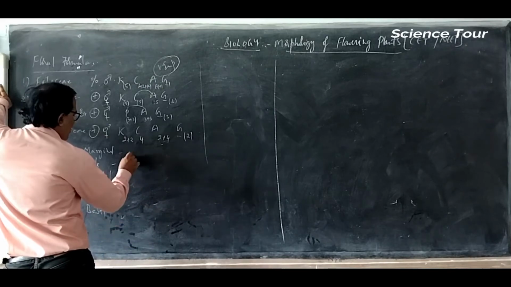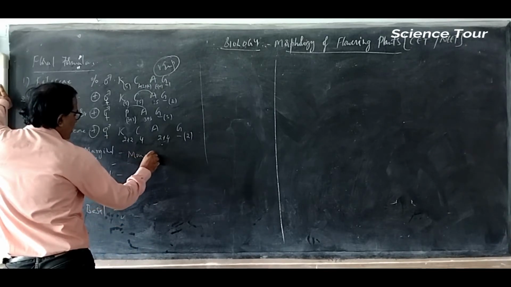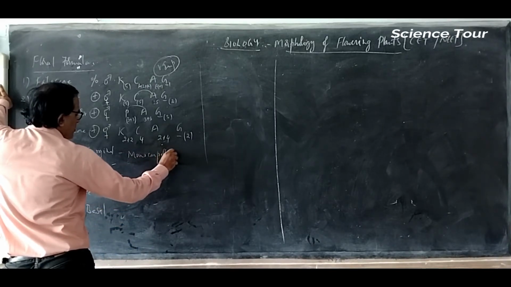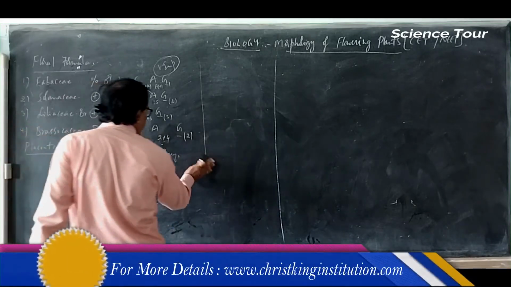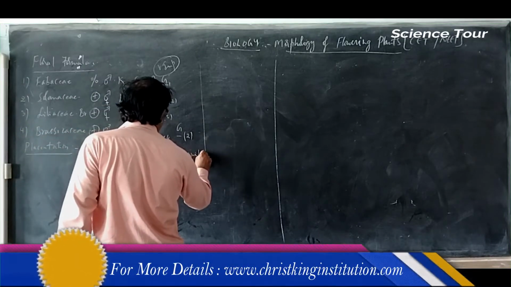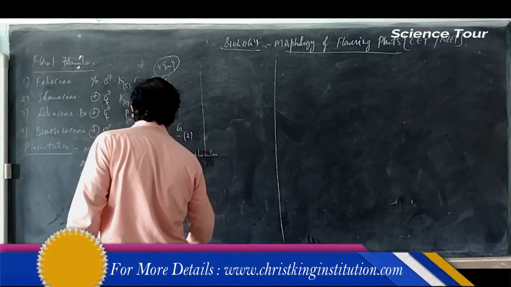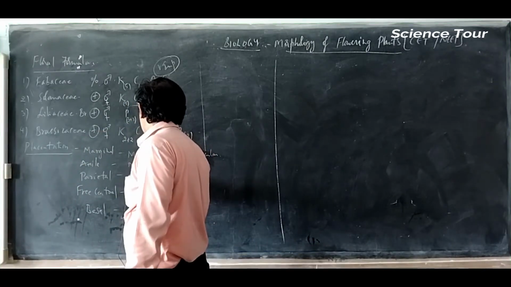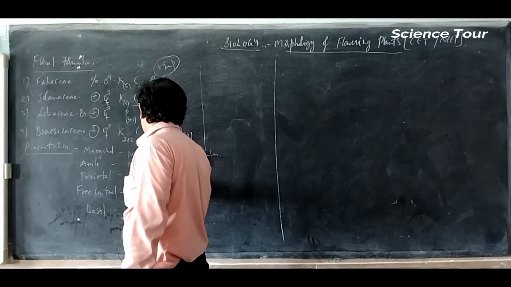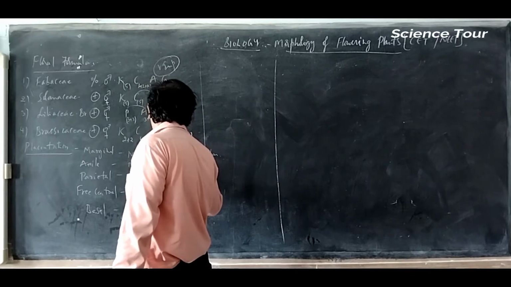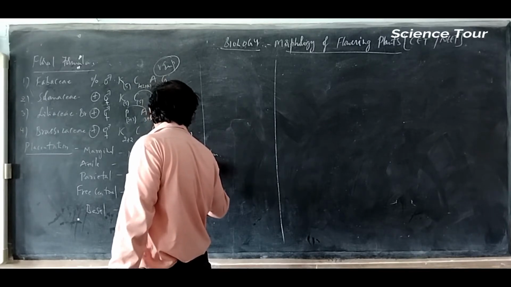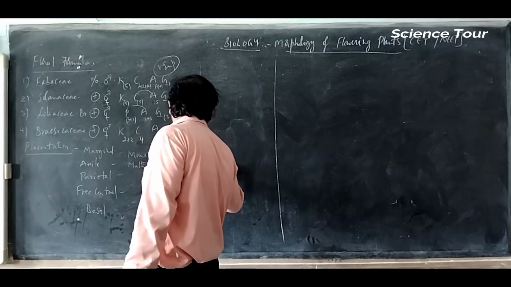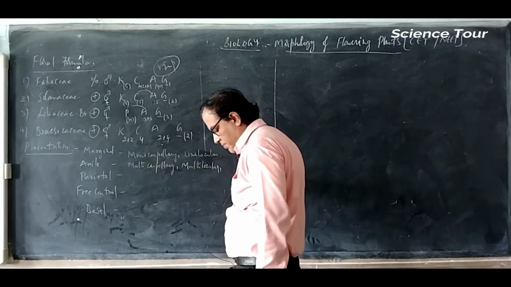Marginal, example is pea. They are having monocarpellary, that is a single carpel, and unilocular, that is only one locule, unilocular condition of ovary. Axile, they have multicarpellary, many carpels, many locules, multilocular, and all the carpels are fused.